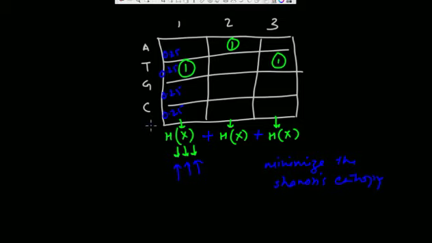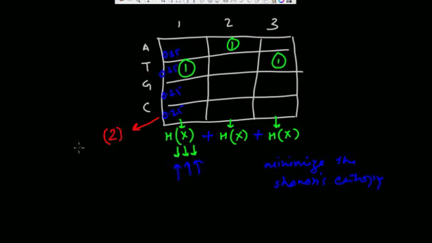Now, if it is 0.25, 0.25, 0.25, 0.25 for each of the bases, what will the Shannon entropy be? With 2 variables it was 1, for 4 variables it is going to be 2. You can do the calculations.